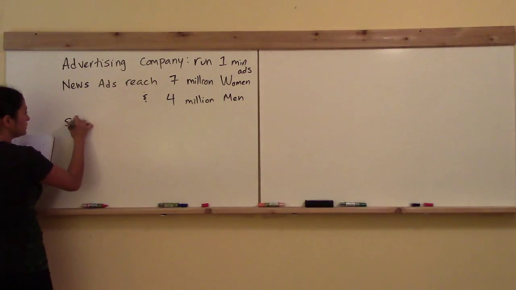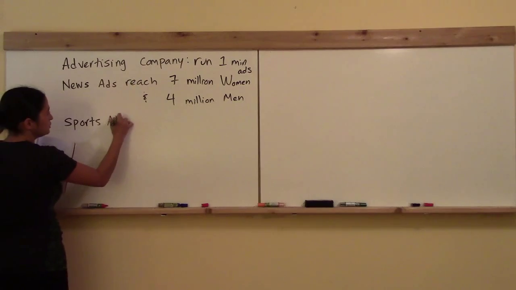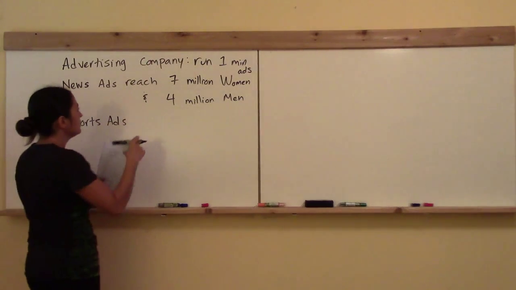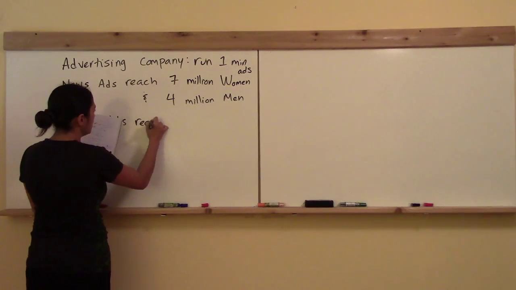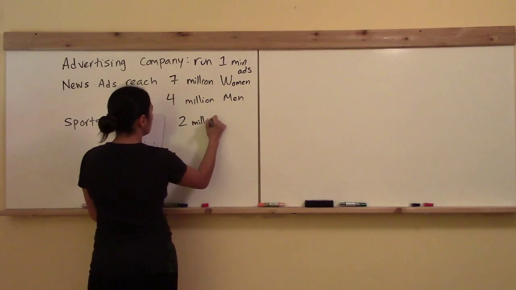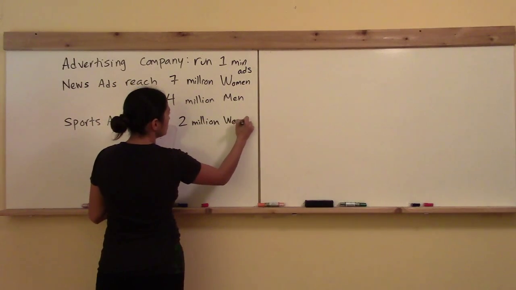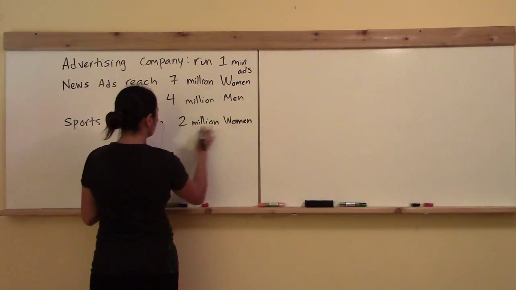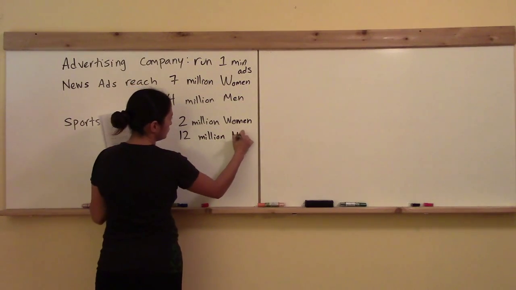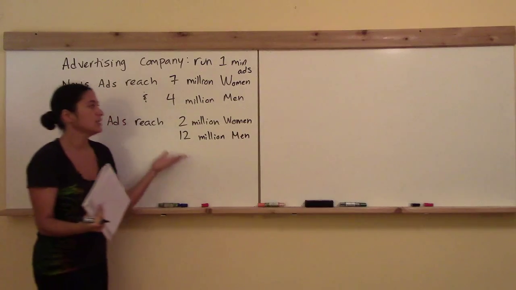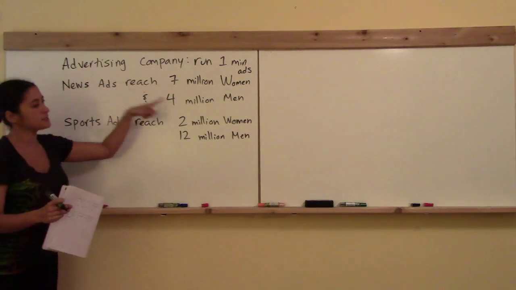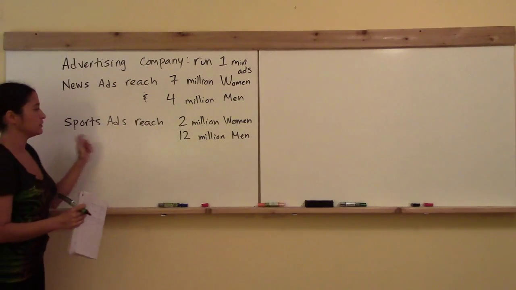Alright, and then the sports ads, and I'm not trying to be gender biased or anything, but these are probably derived just by statistical data, is that when you run a sports ad, you're going to reach a different demographic, and you'll reach 2 million women that way, and you'll also reach 12 million men. Okay, so just by demographic observation and the statistical data, we know that if we run this type of ad, this is what we're going to hit for our target viewers.